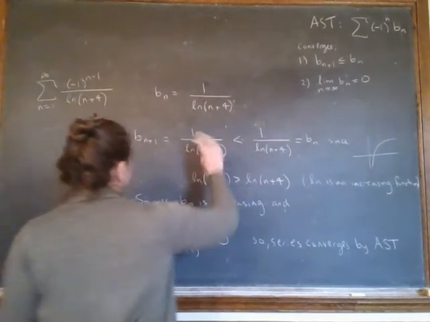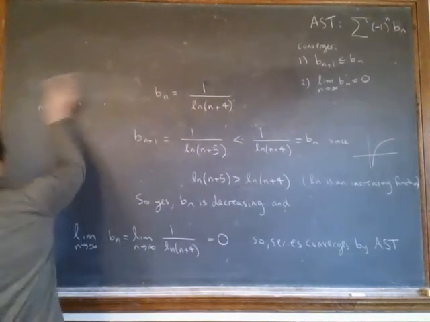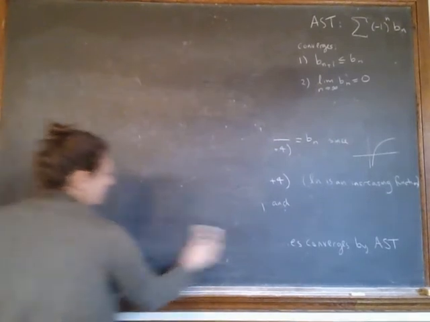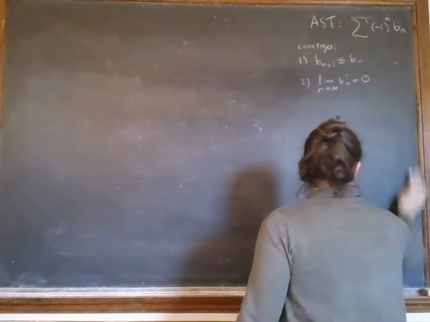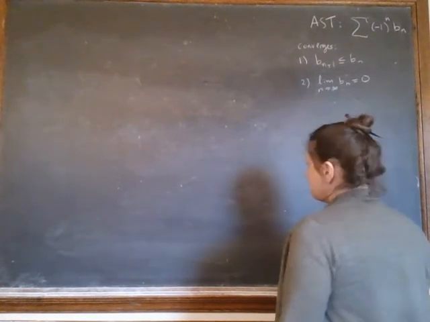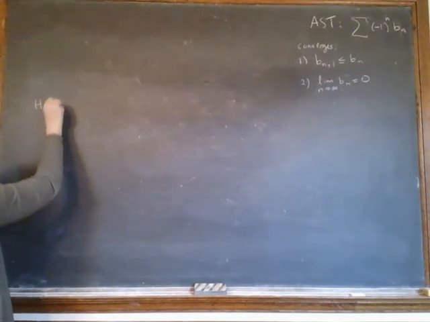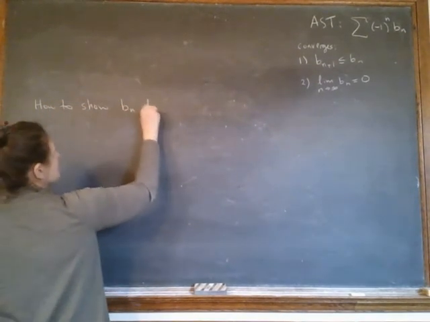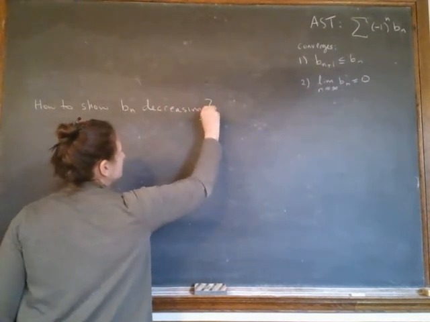All right, so that's a good time for me to talk about that, because in our next example, I think we have to do that. So let me go ahead and talk about how to show b_n decreases.